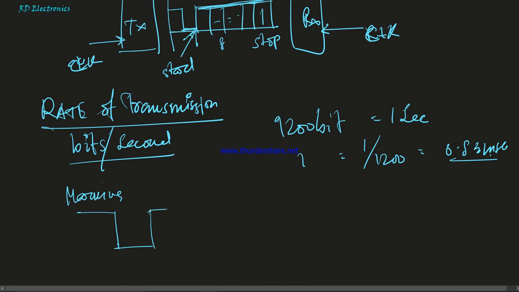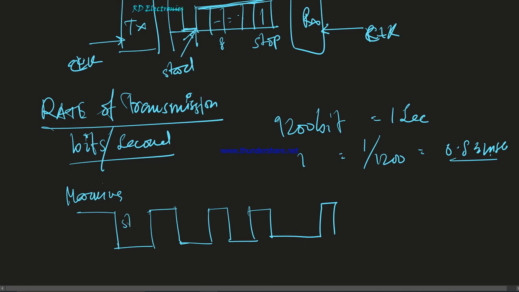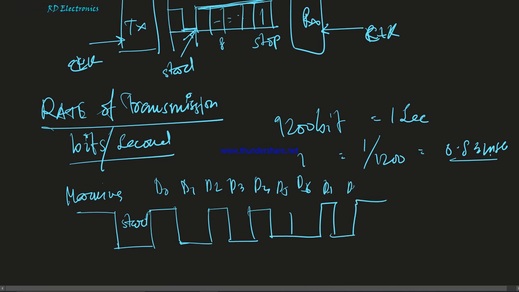Then this is the first bit D0, and after some time, this is the start bit, which should be low, then D0, D1, D2, D3, D4, D5, D6, D7, and after this it must be 1, because these bits represent the stop bits.